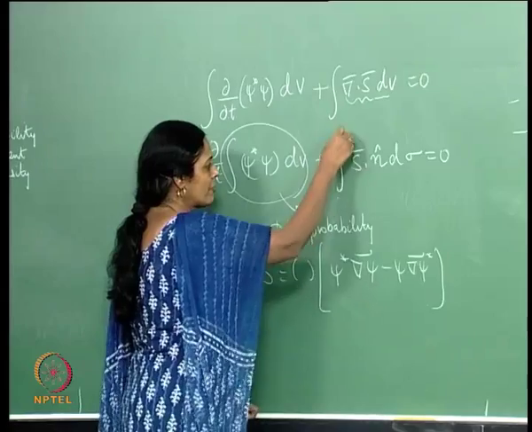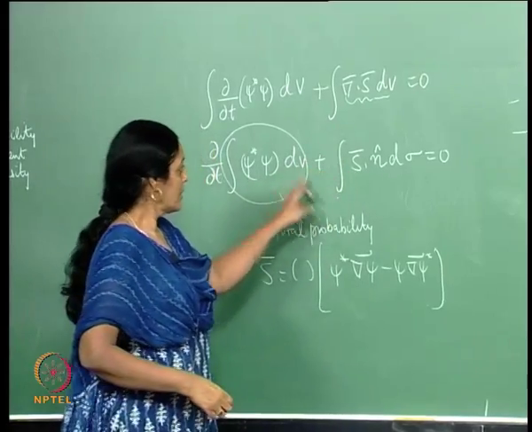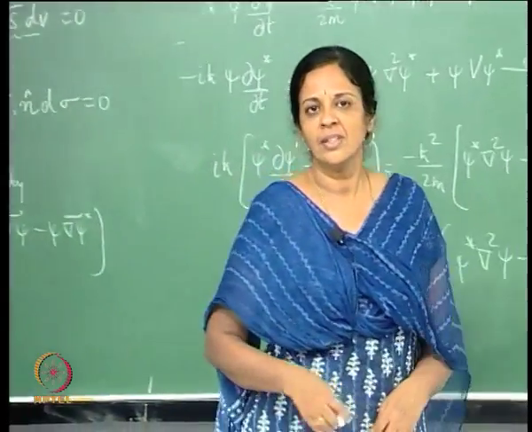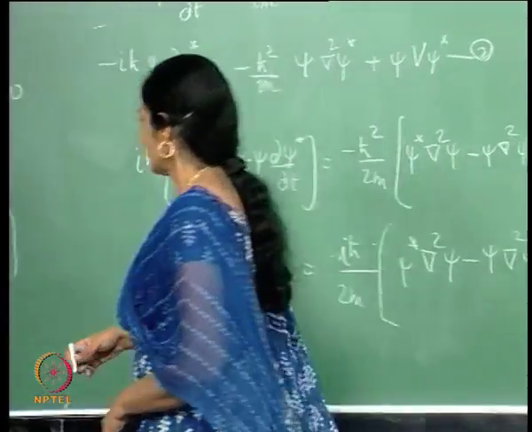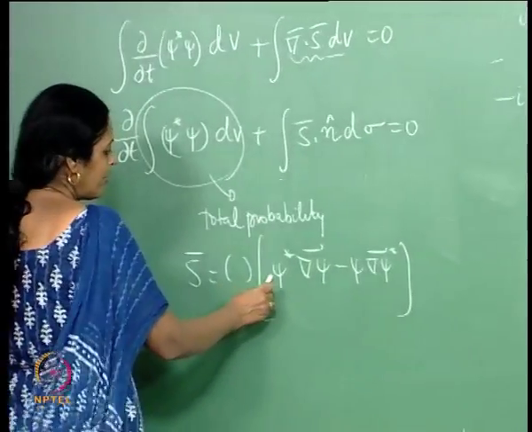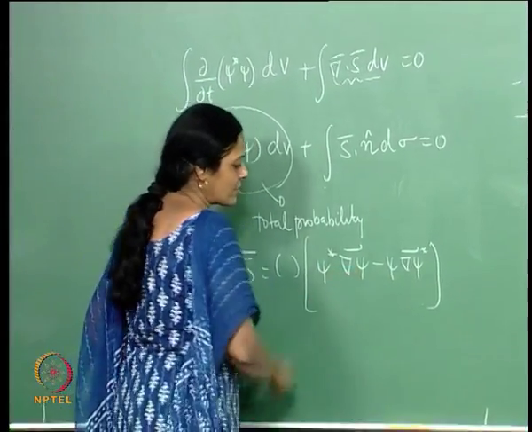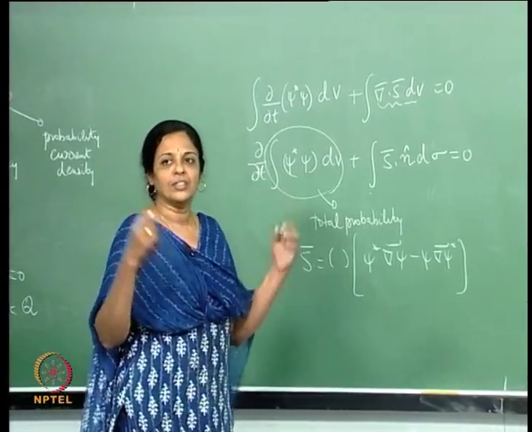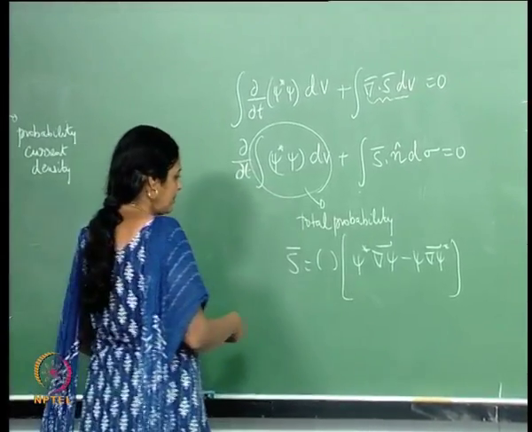and since this is a surface boundary, this is the entire volume, the surface boundary is again at infinity. So the requirement is that the wave function and the first derivative of the wave function vanish at infinity, space infinity.